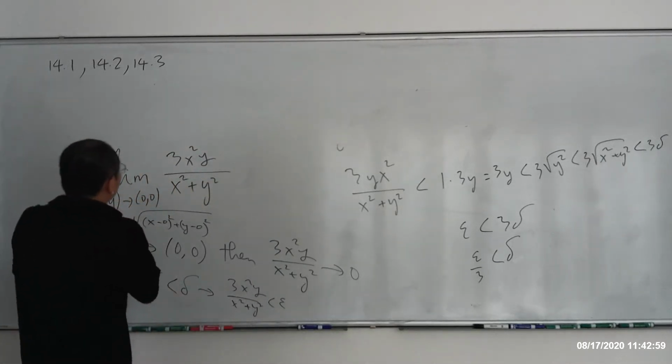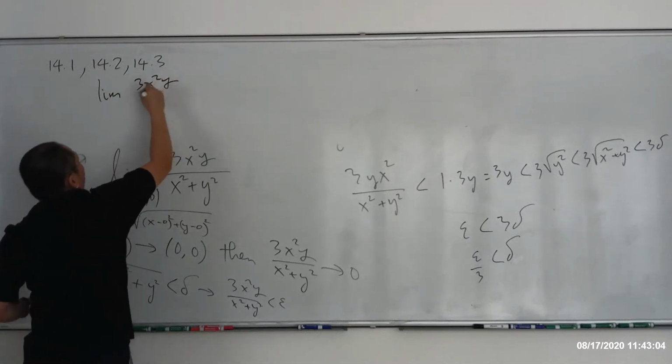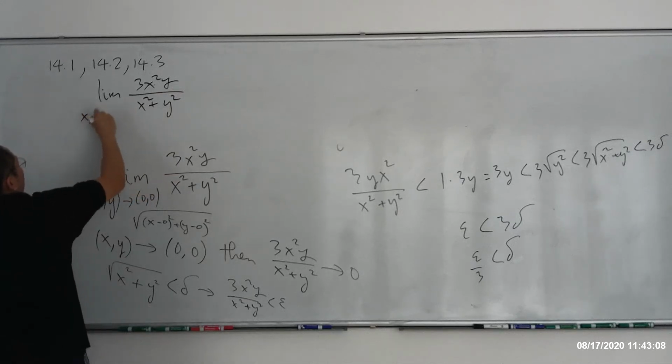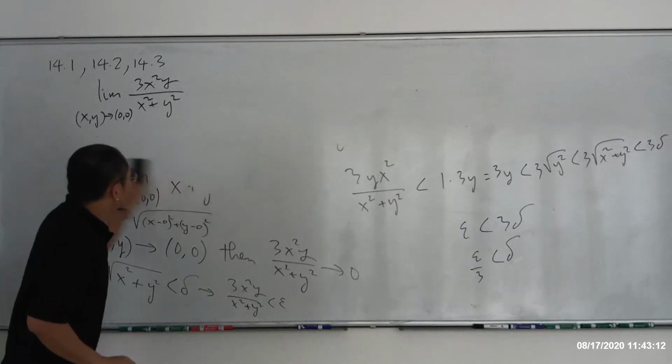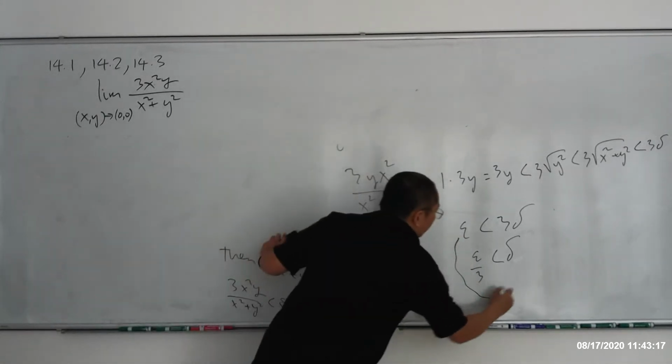Let me rewrite the problem up here. Calculate the limit of 3x squared y over x squared plus y squared when x, y approaches 0, 0. Now I'm going to use a definition. This is the thing that I need.